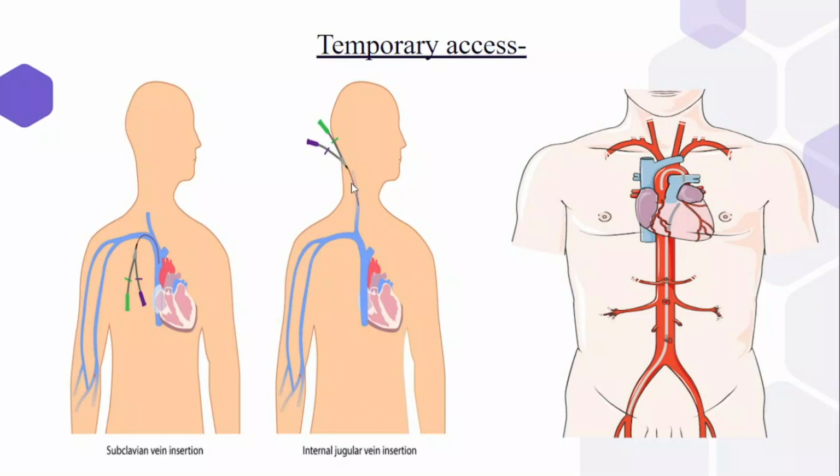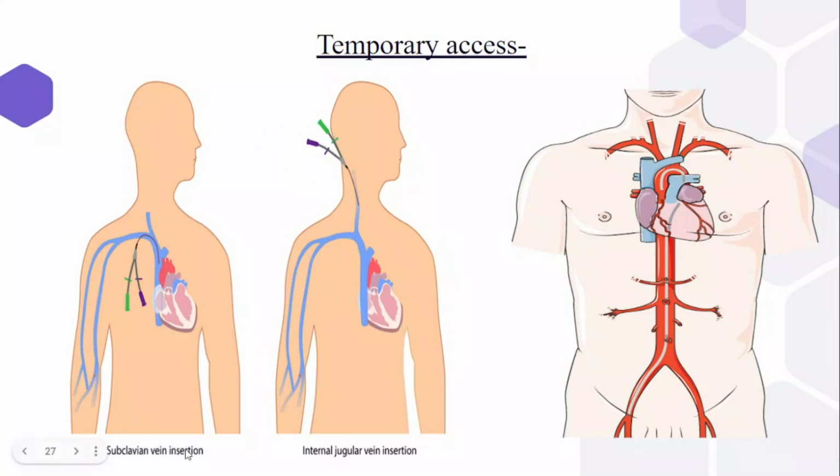Your catheter is inserted into the jugular vein in the patient's body. You access the patient's blood, and then your patient gets hemodialyzed, right?